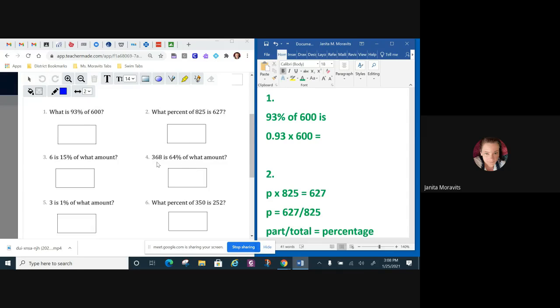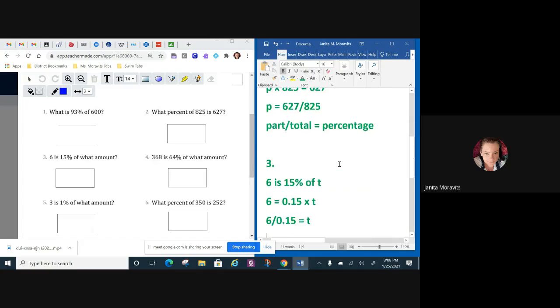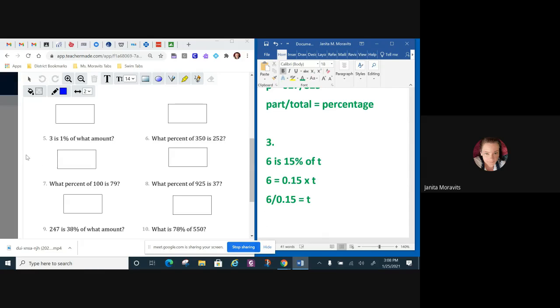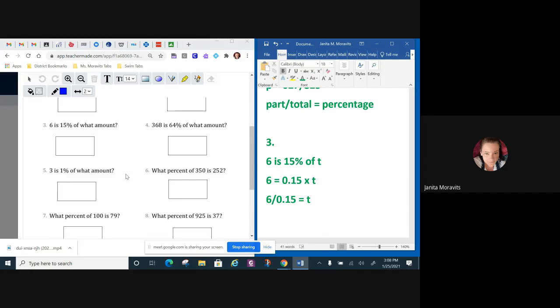Number 4, 368 is 64% of what amount? Well, number 4 is just like number 3. You take your part and you divide it by 0.64. All right, number 5, 3 is 1% of what amount?